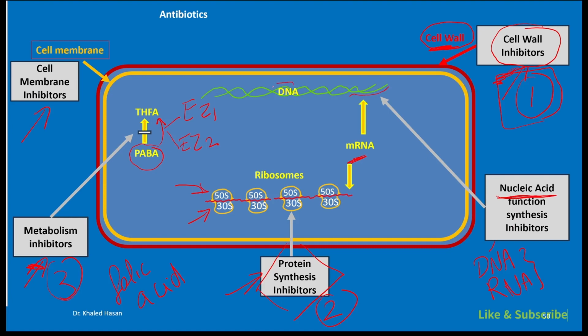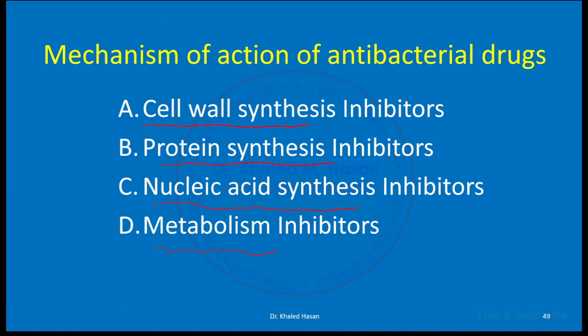In group number 4, we are speaking about nucleic acid function and synthesis inhibitors, the medications that inhibit nucleic acid function, DNA synthesis. This is group number 4. So these are the 4 main groups for the antibacterial. If you go back again: cell wall inhibitor, number 1, protein inhibitor, nucleic acid inhibitor, metabolism inhibitor.